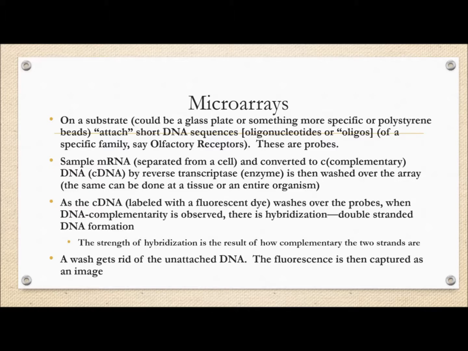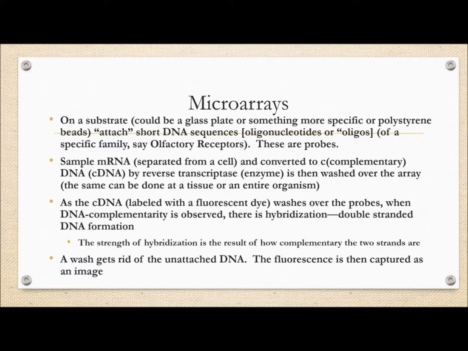So, a little bit about the technical aspects of microarrays. On a substrate, which could be a glass plate or something more specific, polystyrene beads, for example, you attach short DNA sequences called oligonucleotides of a specific family, say, for example, olfactory receptors.